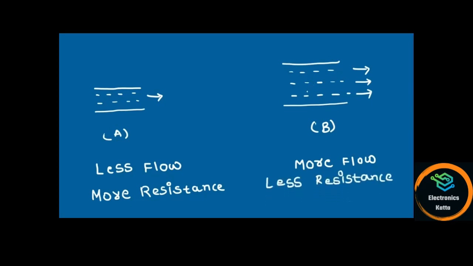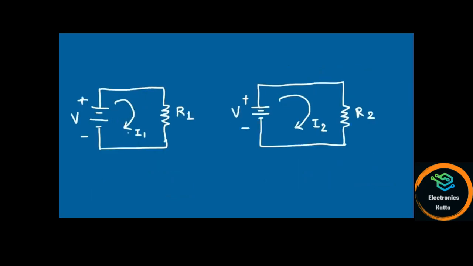Let's correlate it with the electrical circuit. Let's say we have two electrical circuits which have the same voltage source, but the value of resistance in both circuits is different. In one case it is R1 and in the second case it is R2. According to Ohm's law, the current flowing in the first circuit can be given as I1 equals V divided by R1.